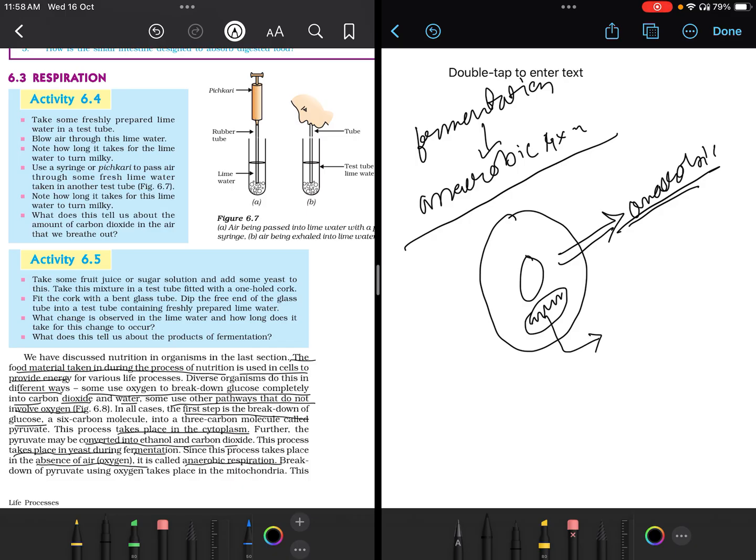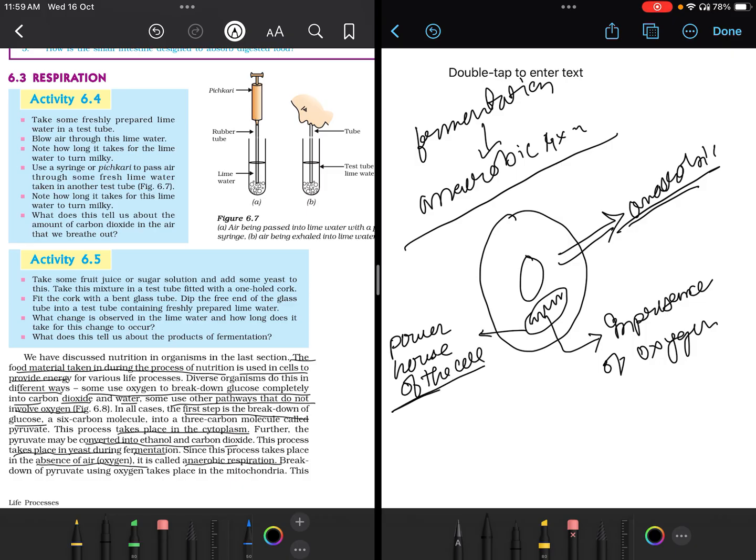In mitochondria, in presence of oxygen, I hope you remember from your class 9 knowledge, mitochondria is called the powerhouse of the cell. Why? Because they produce energy. They have their own genetic material. So it is the semi-autonomous organelle and it is the powerhouse of the cell.